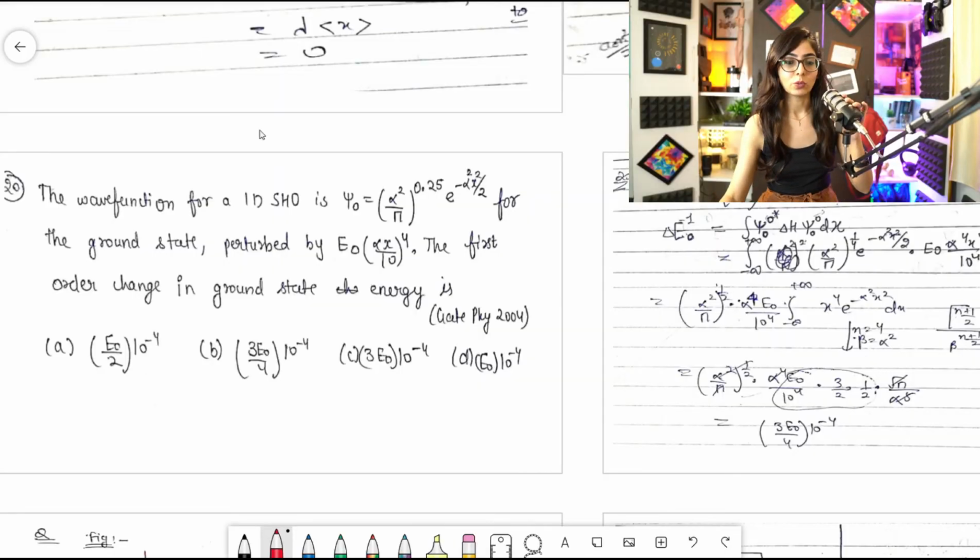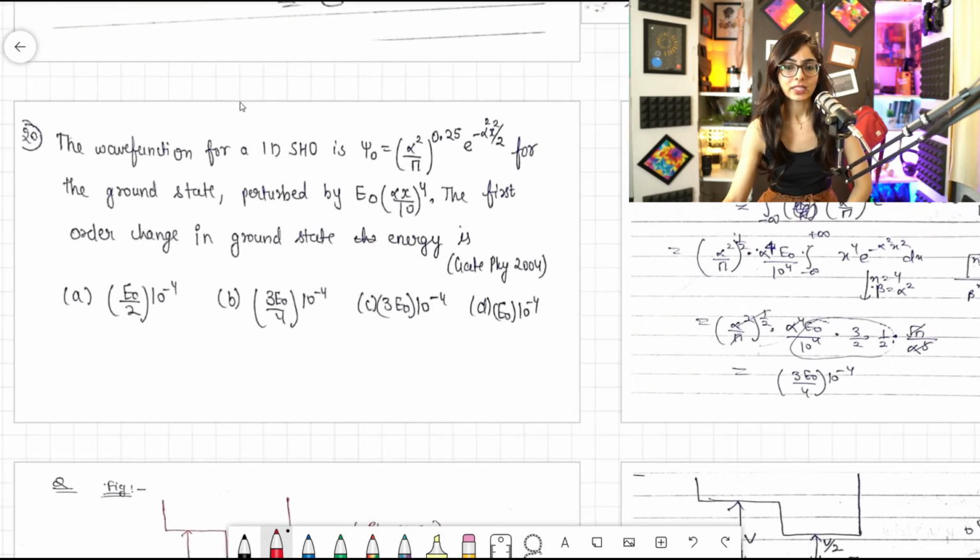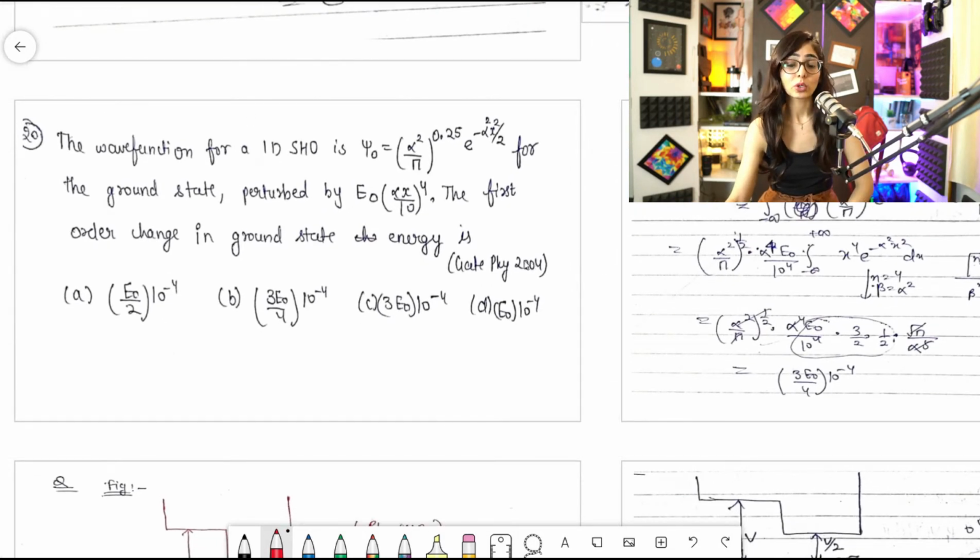The question which I'm going to take today is a GATE Physics 2004 question. You must be wondering that it is a GATE Physics 2004 question, but you know that the syllabus is common and the topic is common, so we have to take these types of questions into consideration also, because this is also from first order perturbation.